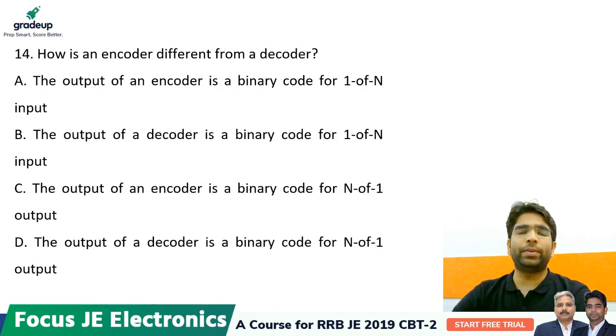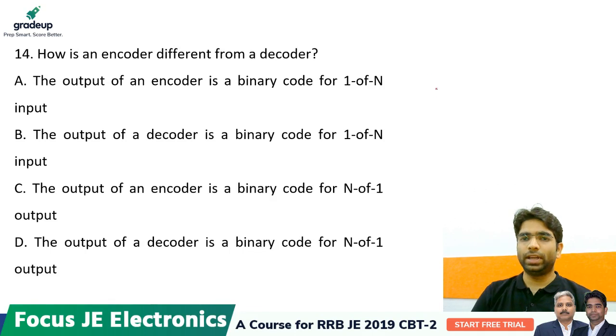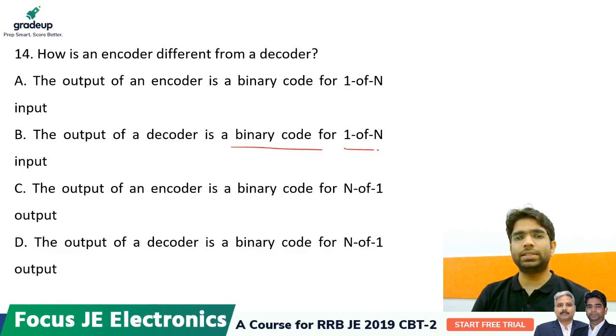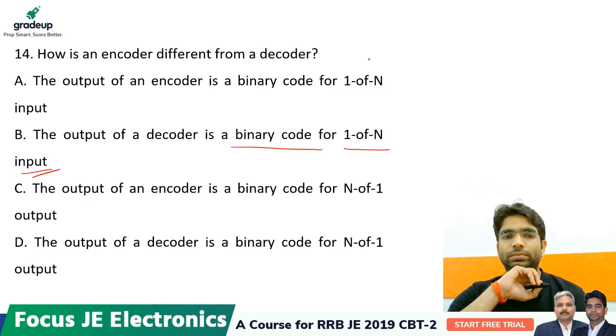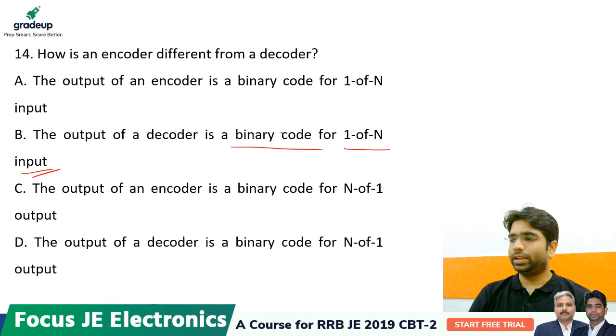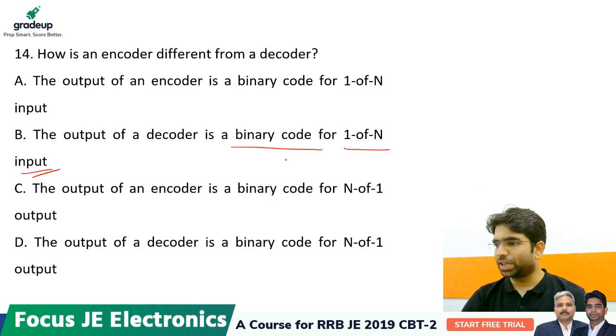How is an encoder different from a decoder? The output of a decoder is binary code for 1:n input. Is it correct? Actually, C option is correct.